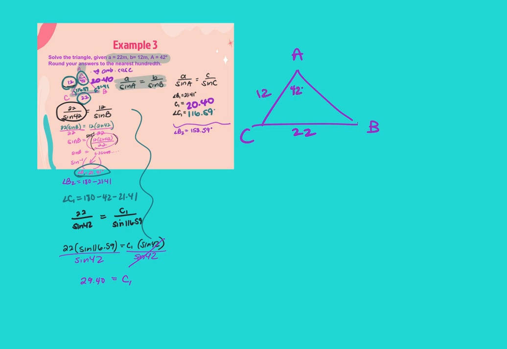But the B we found for our second triangle is 158.59. We found that by doing 180 minus the first angle we found in the first one, so 180 minus the B1. So I've got angle B2. I'm going to just write it bigger: 158.59. I am missing angle C2, and I am missing side C2.